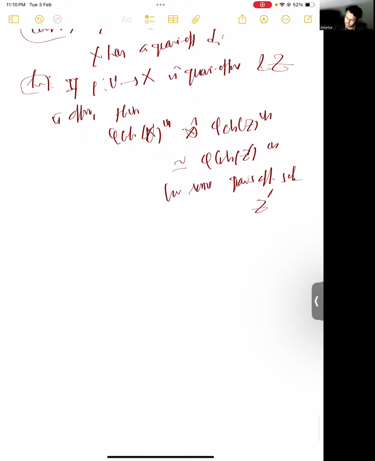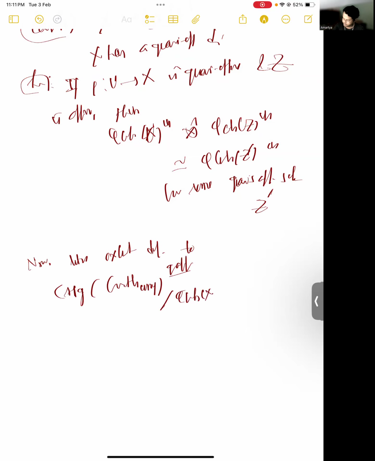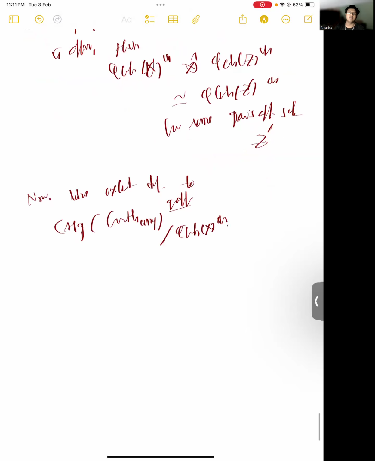So now let's extend this definition. We had this definition of the category of CAlg of QCoh X. So now let's extend the definition to this category, where instead of affine f we have quasi-affine f.